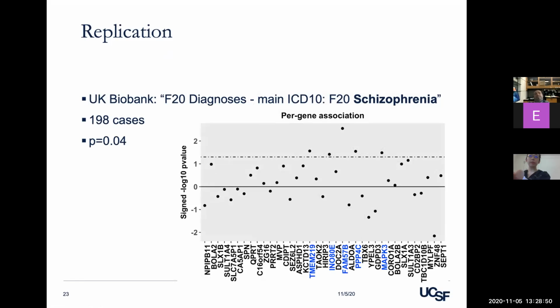Schizophrenia is about 1% of the population, so 200 out of 200,000 works out. And we see that even in this additional data set, INO80E does replicate at a p-value of 0.04.